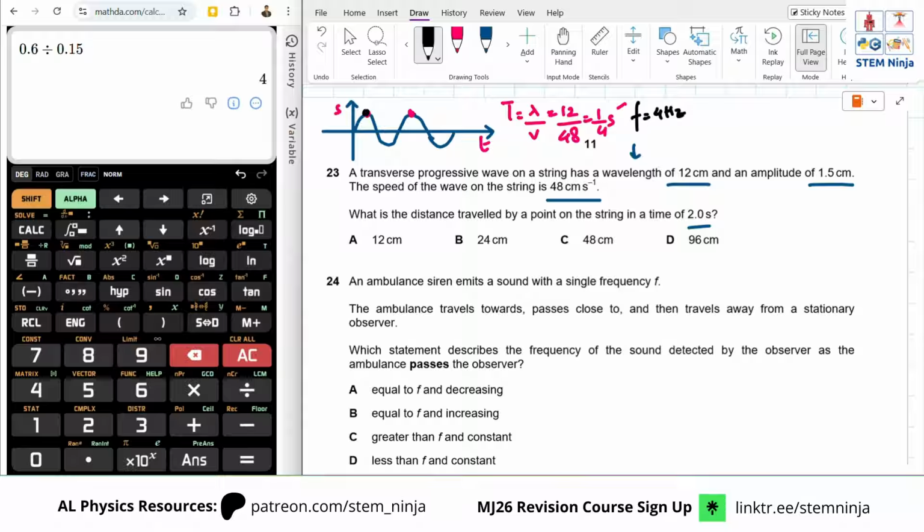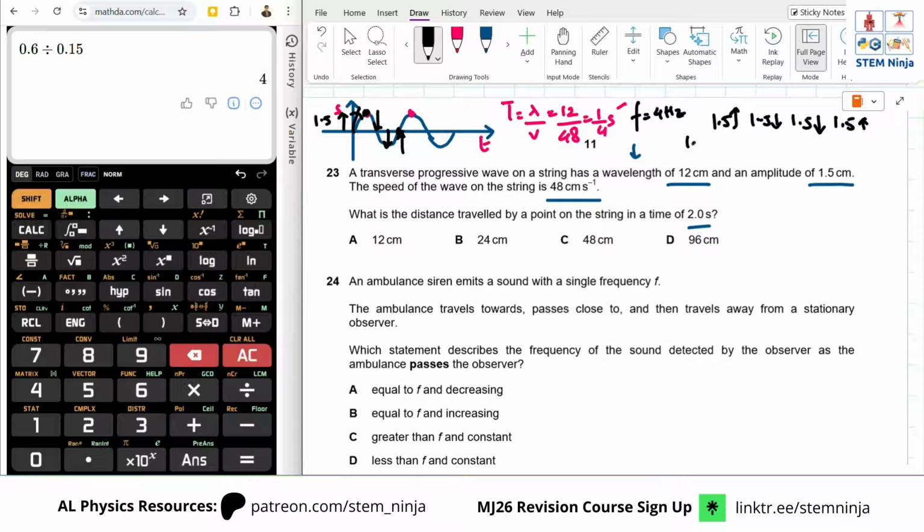Now, the object. The amplitude is 1.5. So remember, in one wave, it is going once upward, downwards, then up. So 1.5 going upwards, then 1.5 going downwards, then 1.5 going downwards, then 1.5 going upwards.